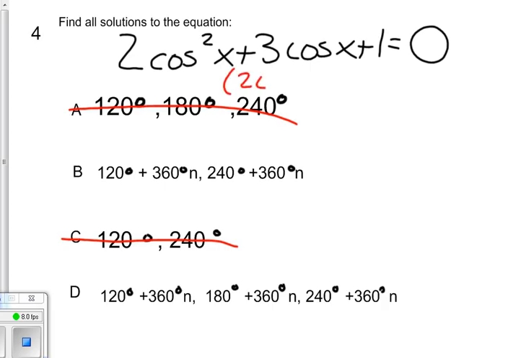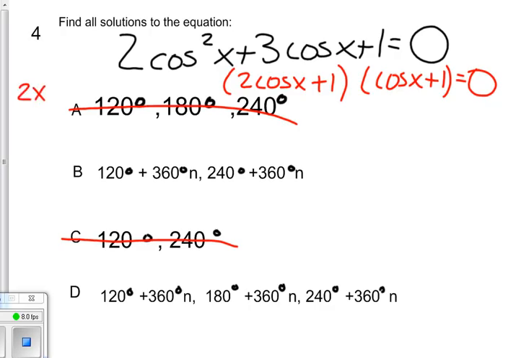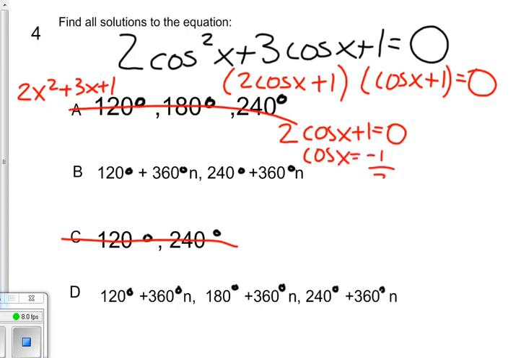So I get 2 cosine x plus 1 and cosine x plus 1. Remember, if this is hard for you to factor, just think 2x squared plus 3x plus 1. Factor that and then put in the cosines. So now we have to find the solutions for when 2 cosine x plus 1 equals 0. We get cosine x equals -1/2. So we're trying to find where cosine is equal to -1/2.